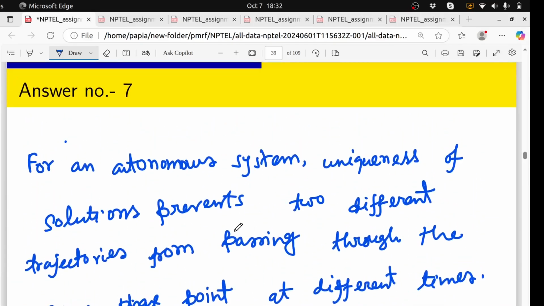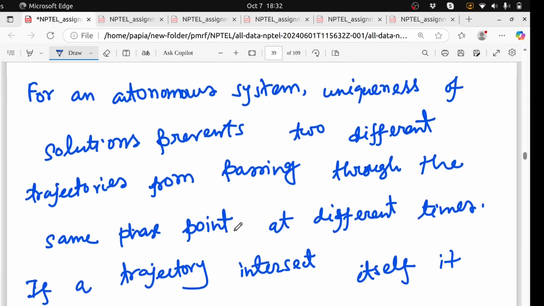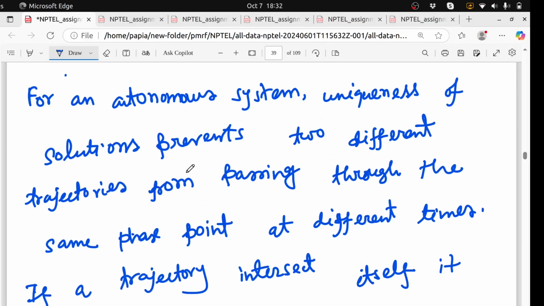It means that for the autonomous system there is a uniqueness of solutions, right? So uniqueness of solution basically prevents two different trajectories from passing through the same phase point at different times. If two different solutions were going through the same phase point at different times, that would mean there are two different solutions at that point.